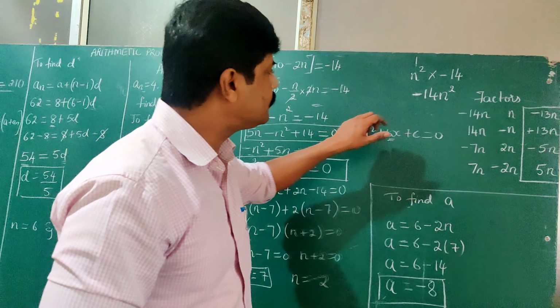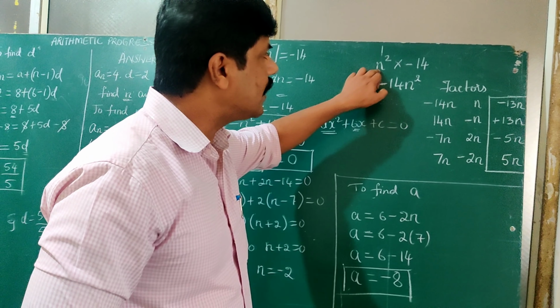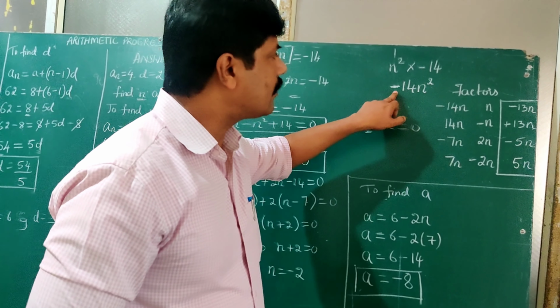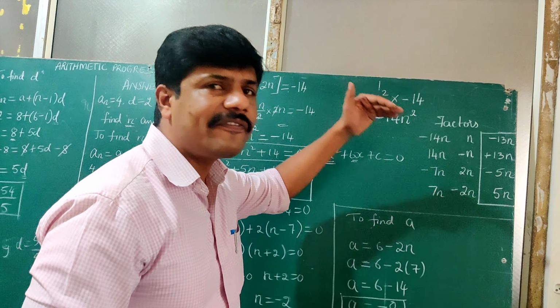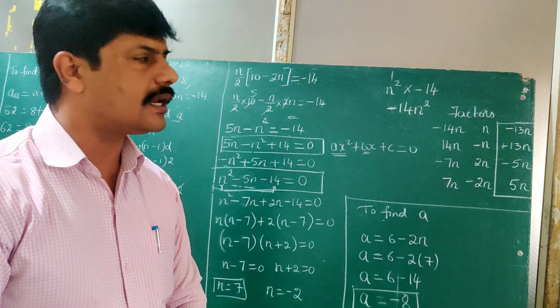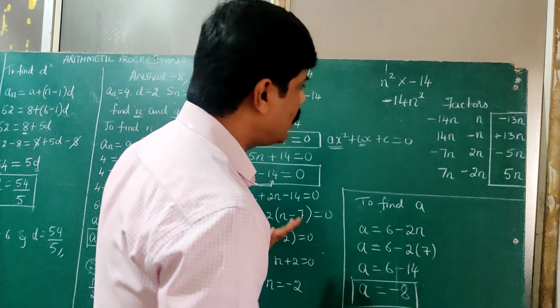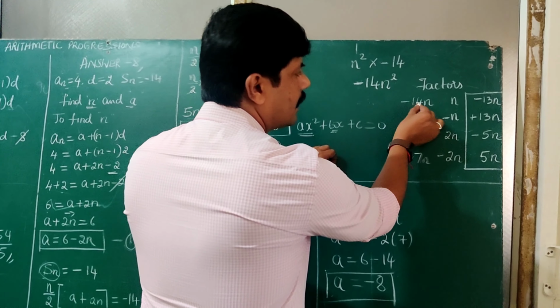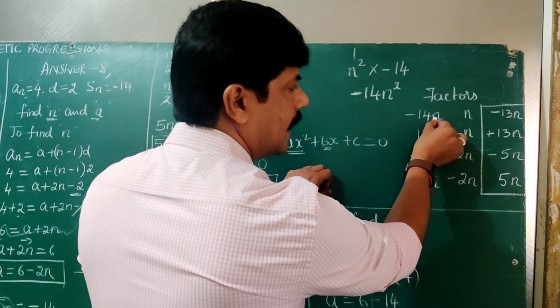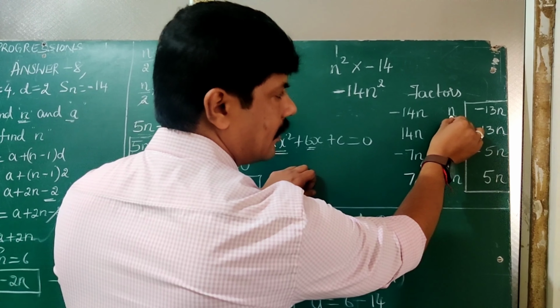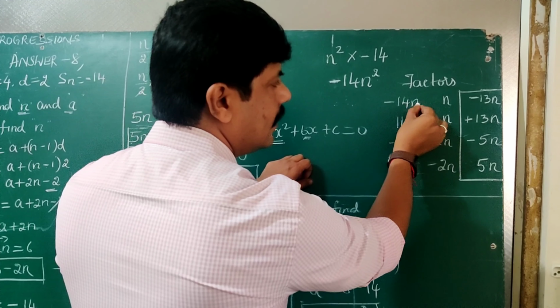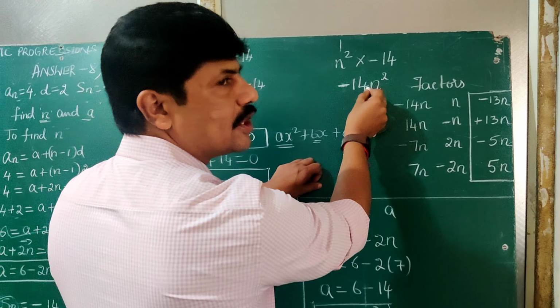Understand? Now see here, after multiplying n square with minus 14, we have got minus 14 n square. What are the factors of minus 14 n square? There are various factors written, as you can see here. Minus 14n and n. Minus 14n into n is minus 14n square.